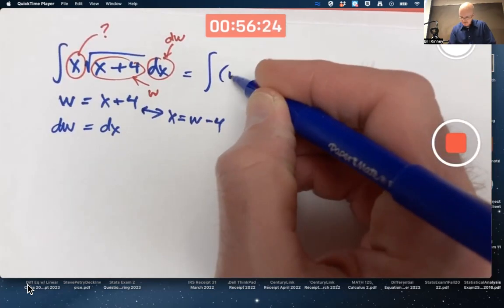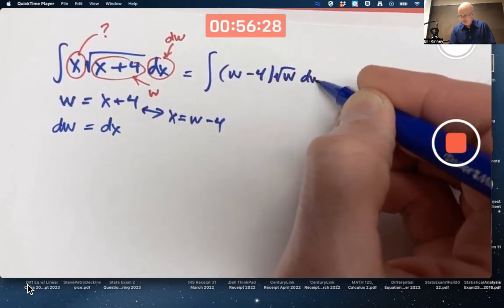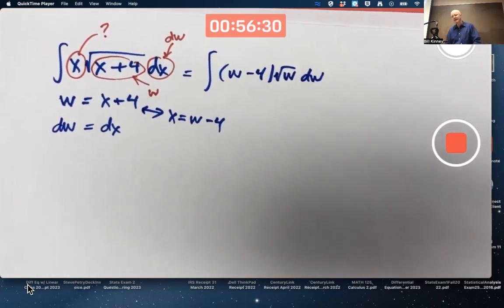Is it helpful? Doesn't necessarily look like it. It looks like we've got an integral that's about at the same level of difficulty. And that does happen sometimes when you do substitution, is you get a new integral that doesn't look much better. But appearances are deceiving. This actually is better.